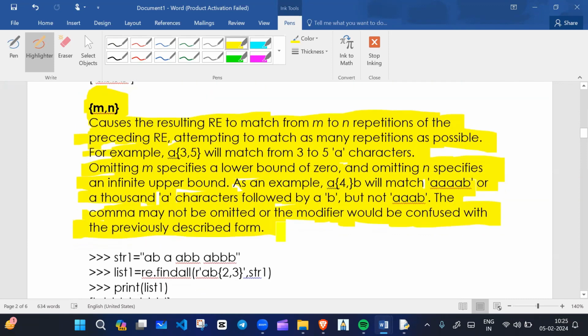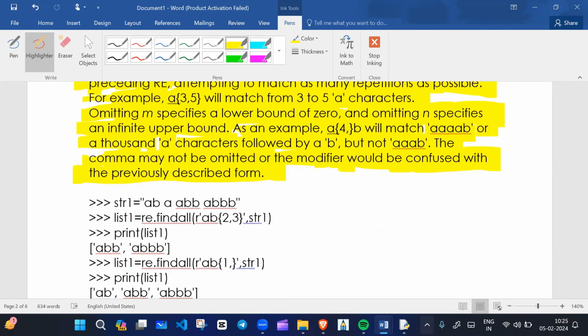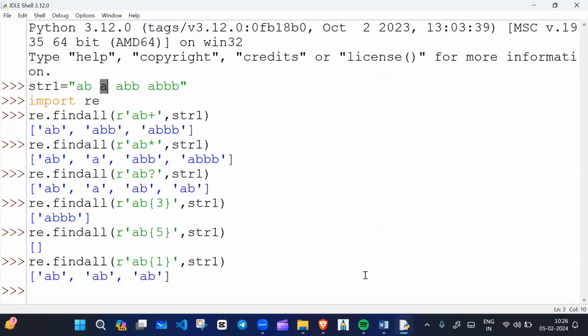The definition is a little tricky. We'll write an example in order to understand it better. For example, let's suppose we already have this string. I'm using this findall function. Here I will write the pattern.